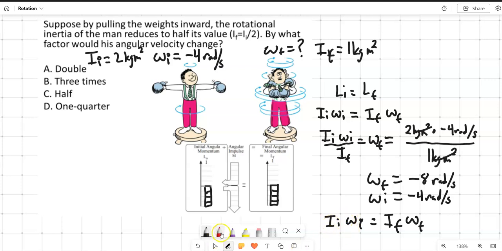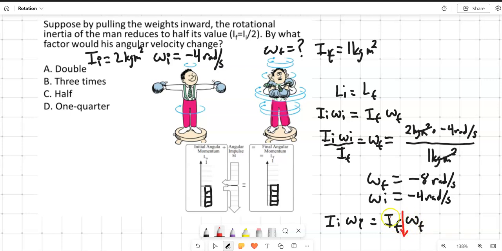Let's just say, when our initial moment of inertia has to go down by 2, our final moment of inertia is lower by 2 compared to the initial.